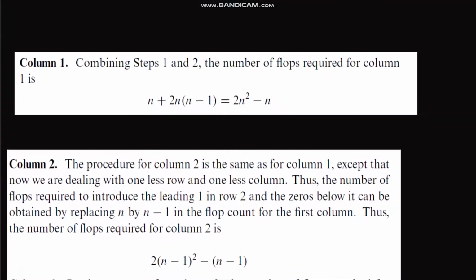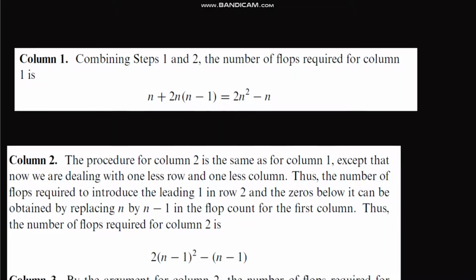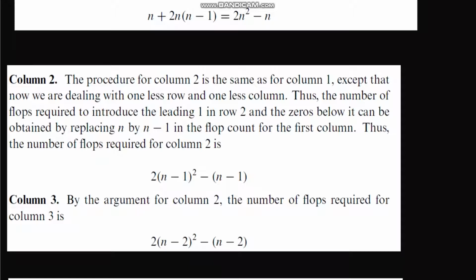So remember from the last step we have 2n square minus 1. We have to just plug in n minus 1 in the place of n. So I have put here, that is 2 times n minus 1 whole square minus n minus 1.